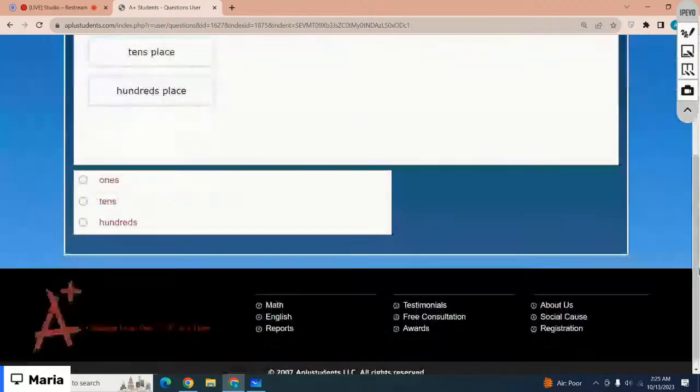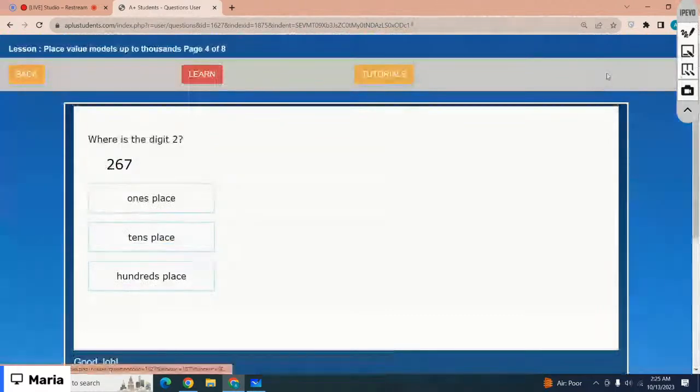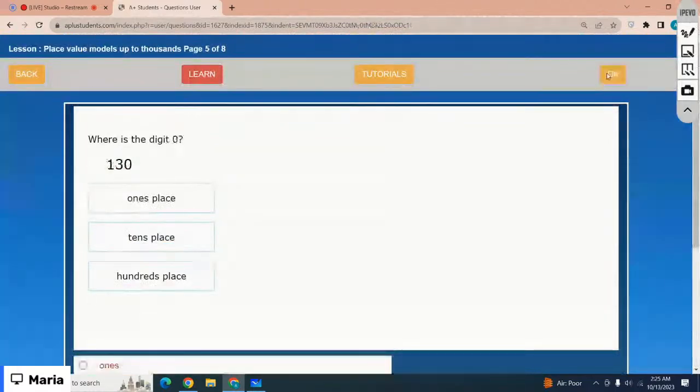Very good. Where is the digit 0? Ones, tens, hundreds. Which is the correct option? Very good. 0 is at the ones place. 0 is the rightmost digit. So 0 is at the ones place.